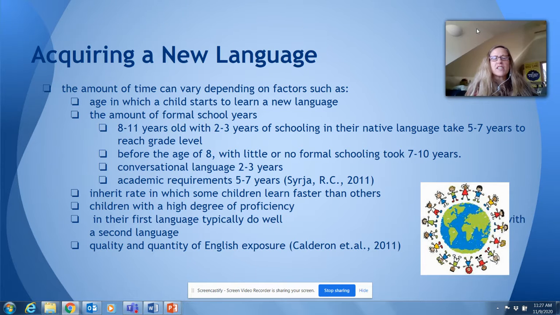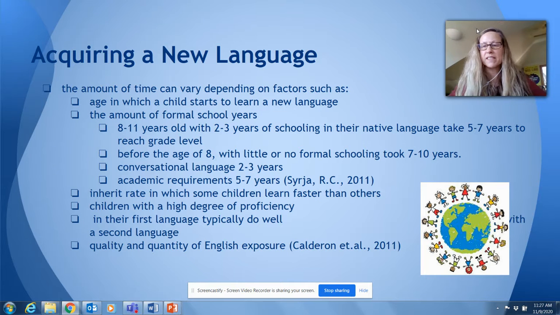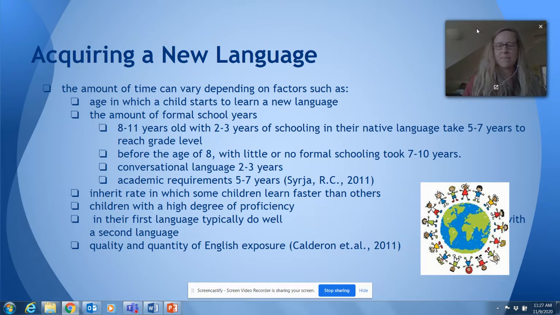Conversational language helps, and there's an inherent rate, which some children just learn faster. That's just kind of human nature. Some children will have a high degree of proficiency in their first language and, as I said, do better in their second language. And also the quality and quantity of English exposure helps facilitate that process.